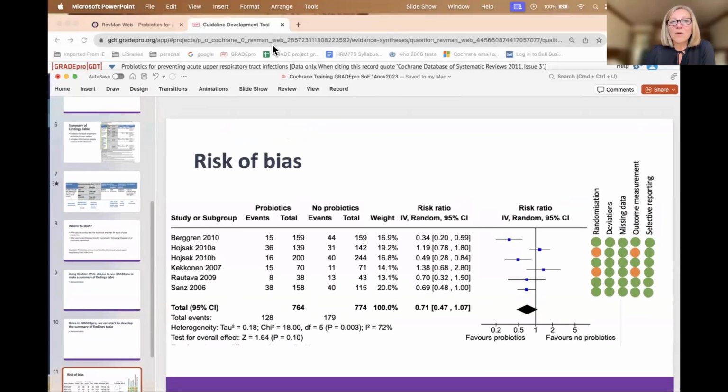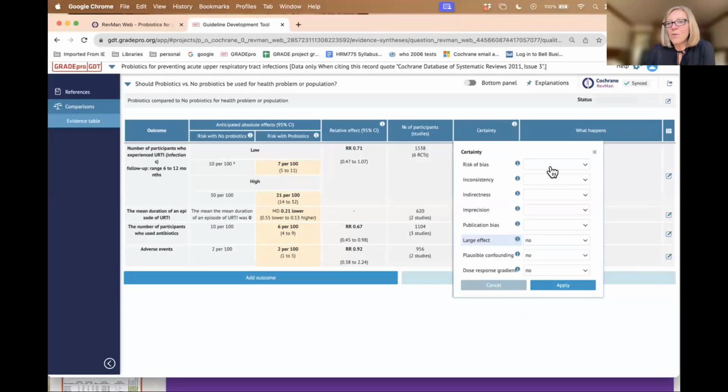So how are we going to handle that in GRADEpro? We decided to say not serious concern, but we probably should put a note there for readers.